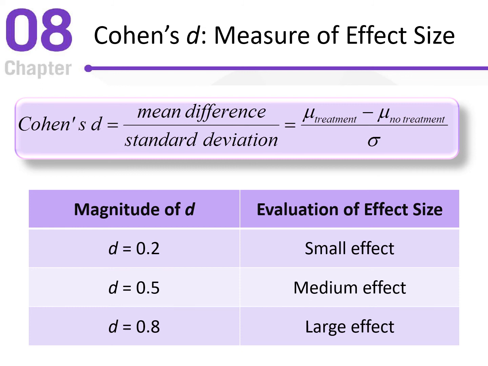So basically, if you're using one sample, it would be the mean of the sample, which got the treatment, minus the mean of the null hypothesis, which is basically the people that got nothing, divided by the standard deviation of the population. And when you do this calculation, you're going to have a value that's between 0 and 1. And if the value is close to 0, so 0.2 is a small effect, 0.5 is a medium effect, and 0.8 is a large effect.